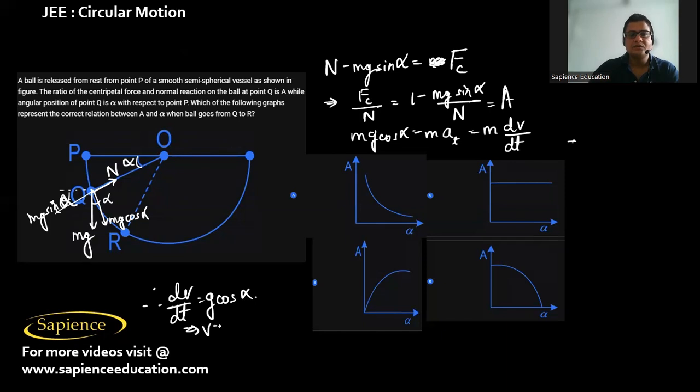So v will be equal to g cos alpha into t, since the ball is released from rest at the point P, so the initial speed is 0.